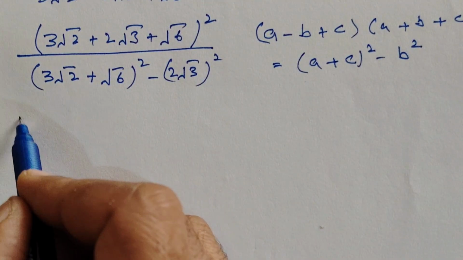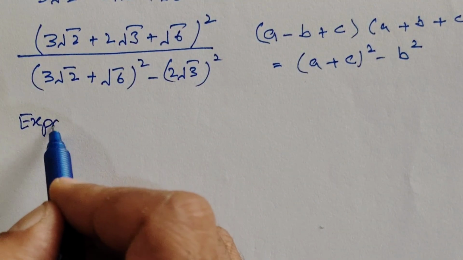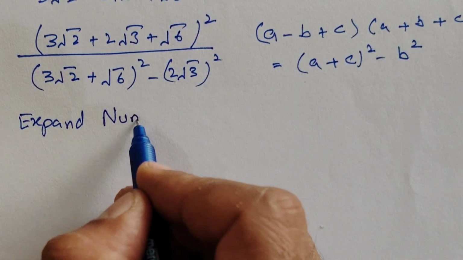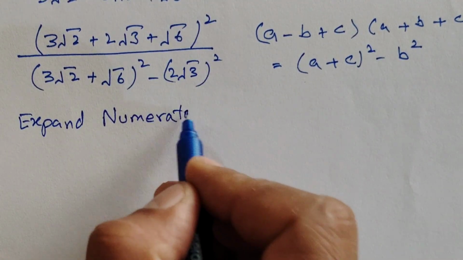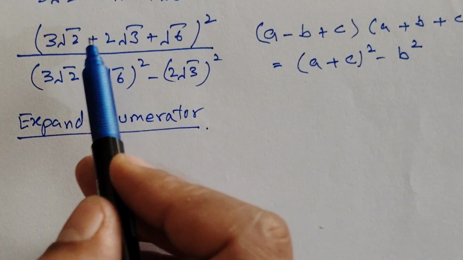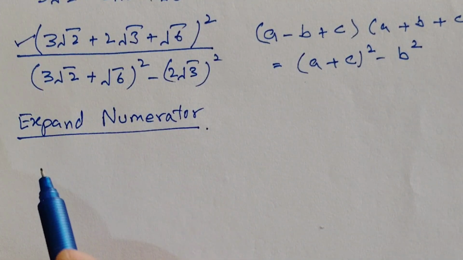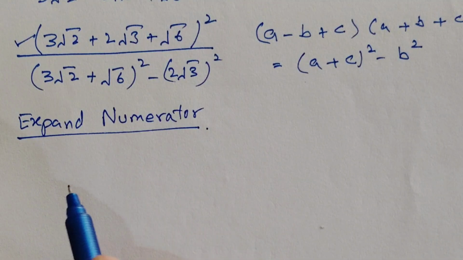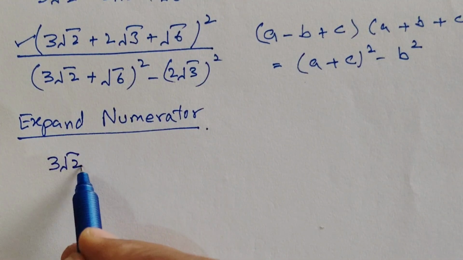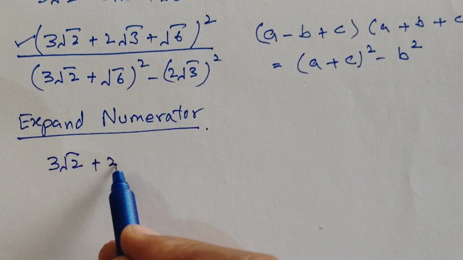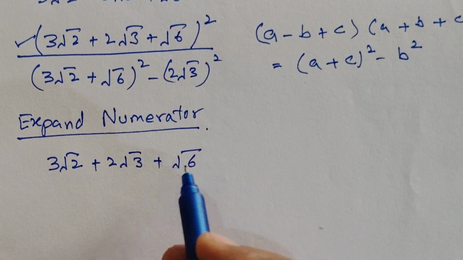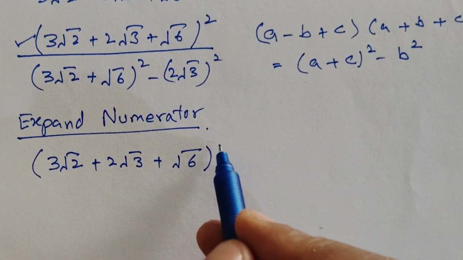Now first we expand the numerator, which is 3 square root of 2 plus 2 square root of 3 plus square root of 6, whole square.